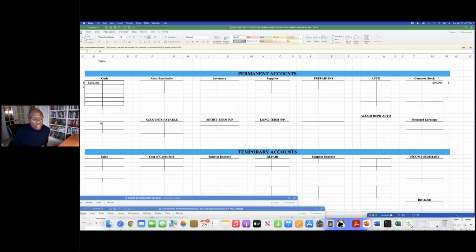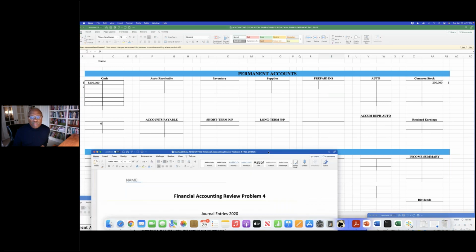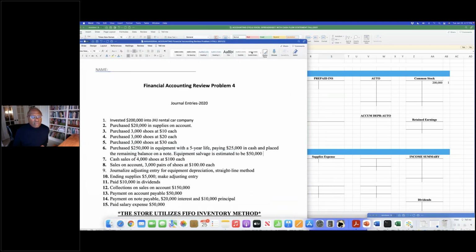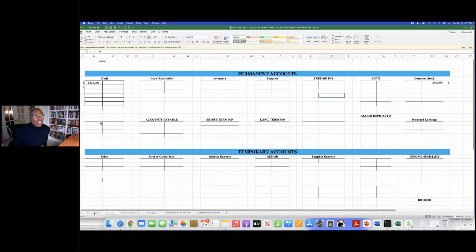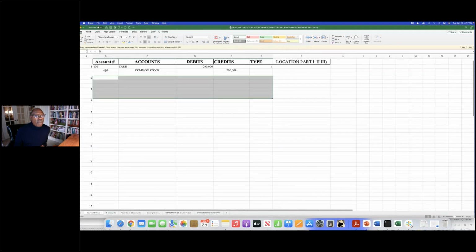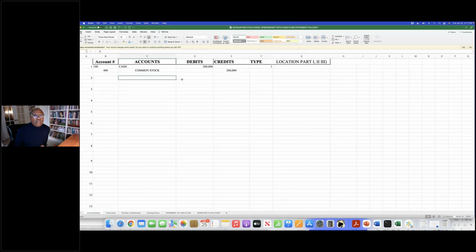What's our second journal entry? Purchase 20,000 in supplies on account. So we're going to go back to journal entries. We need a type. Is that a type 7? Wouldn't it be a type 12 because it's on account?